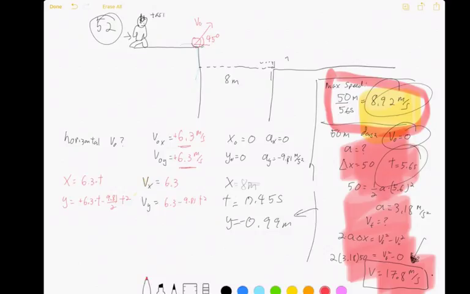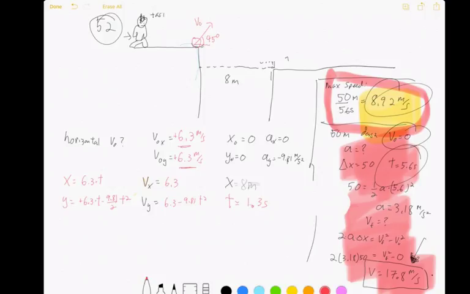Okay, so now what? Now I have to crack the problem again. At what time do you reach 8 meters? In this case, you'll reach 8 meters in 8 divided by 6.3, 1.3 seconds.